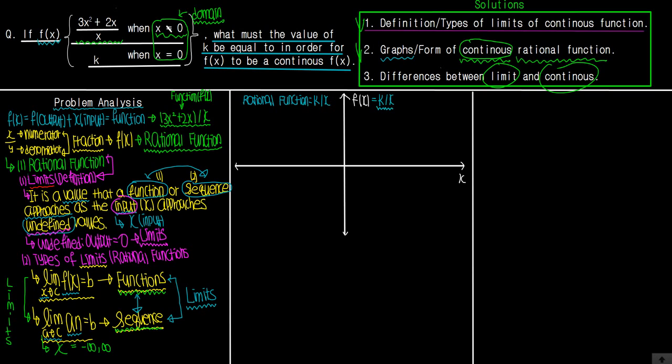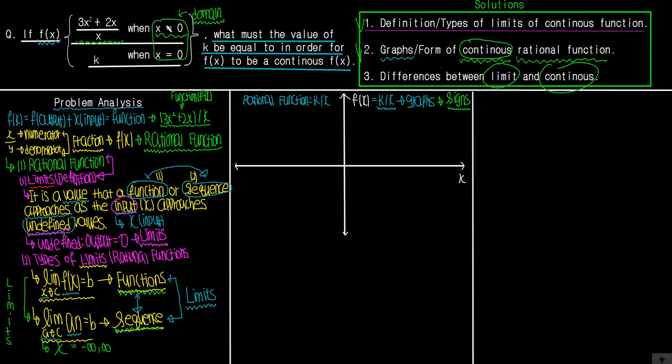Everyone knows that the values of our graphs will be defined by the value of k, specifically the sign of k. So there will be two cases: when the k value is a negative value or when the k value is a positive value.